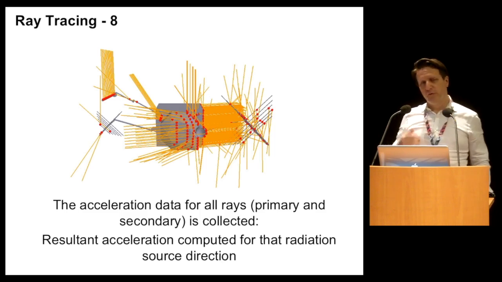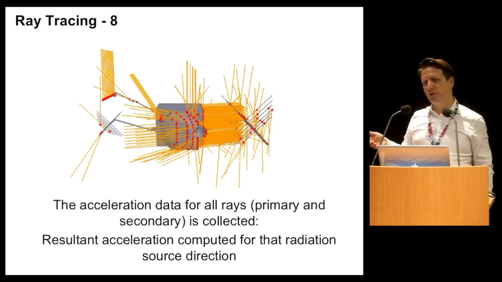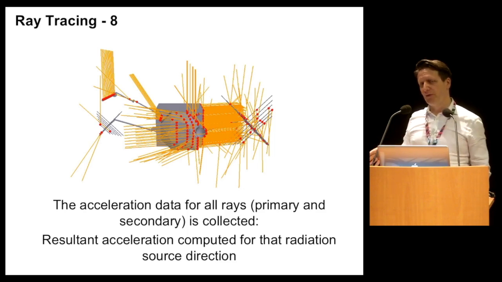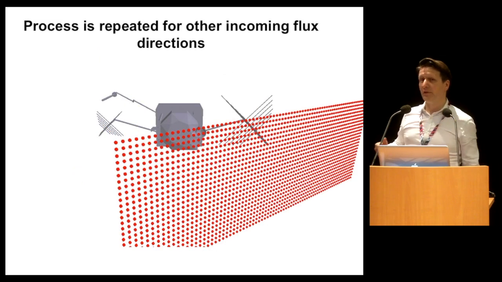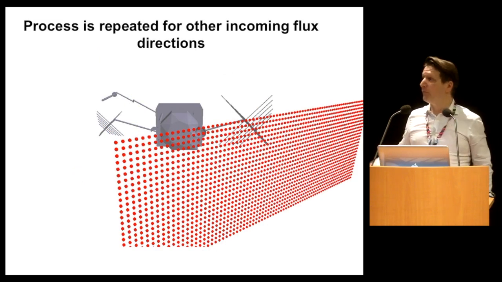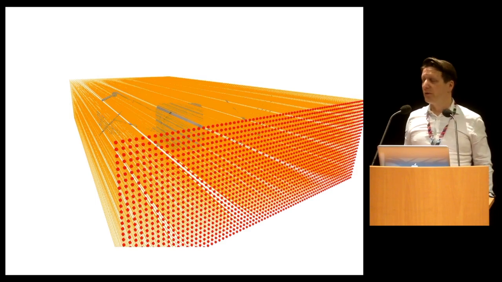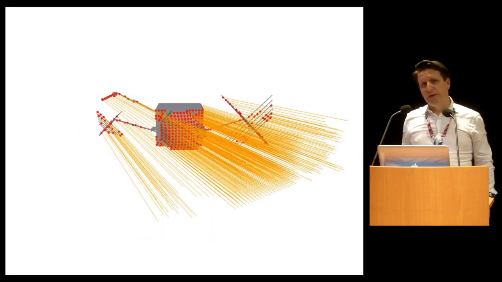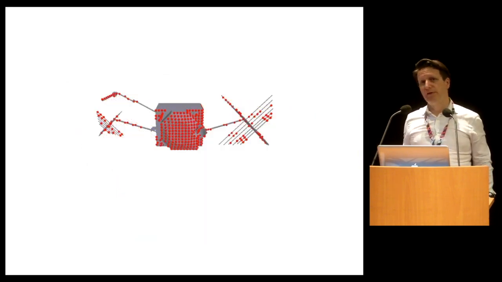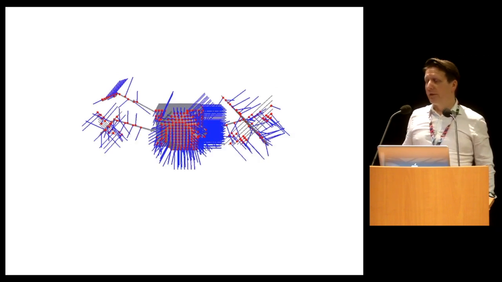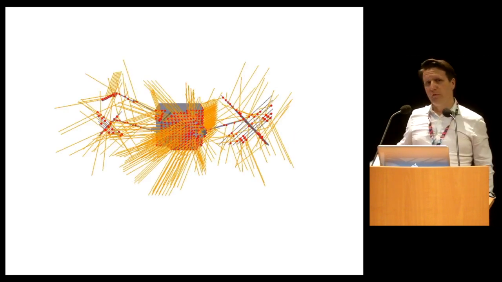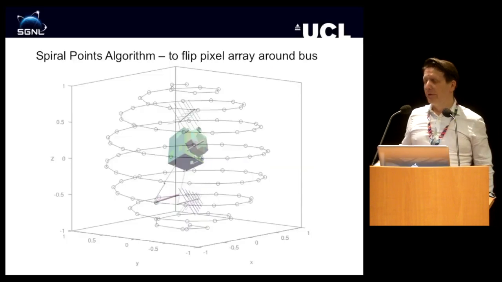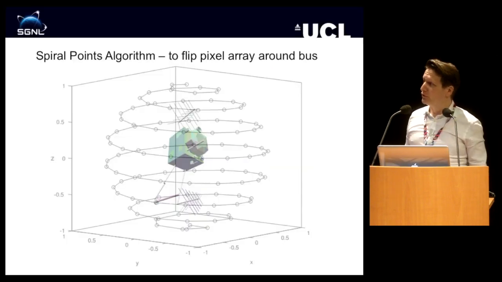And that force is varying as a function of the orientation of the radiation source in the body frame of the space vehicle. We then flip those pixel arrays around the space vehicle bus, project the rays towards the space vehicle, work out which bits get hit, look up the material properties, do the force modeling, calculate the normals, work out where the radiation goes afterwards, and so on, carry out the computation.